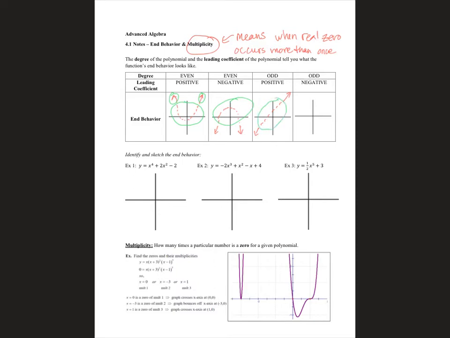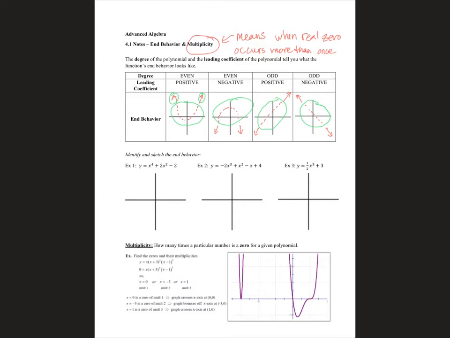And then same thing with an odd degree negative leading coefficient. I'm going to have a negatively sloped line, but we know that if the degree is 3, 5, 7, 9, 11, and so forth, the middle of the graph changes, but the end behavior of the graph stays the same.